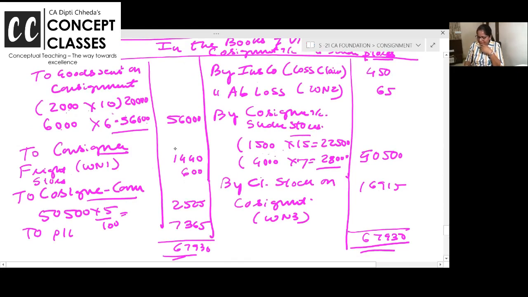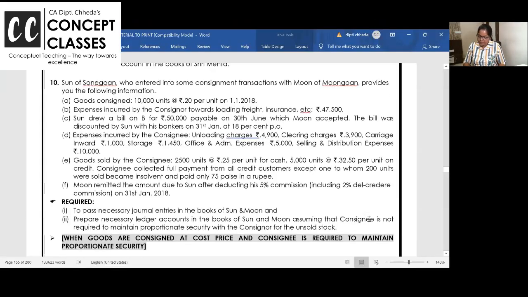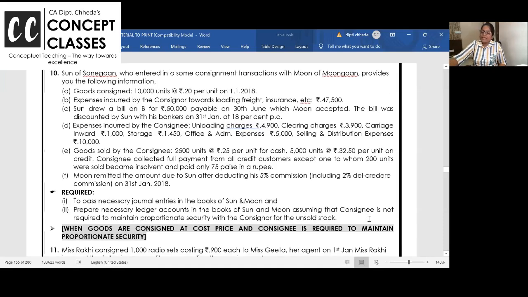Ninth problem. Okay. 10th problem. Of course, we'll do the concept of loading also today.